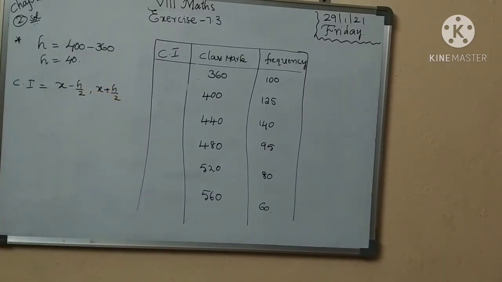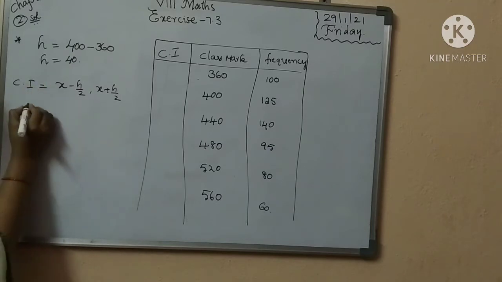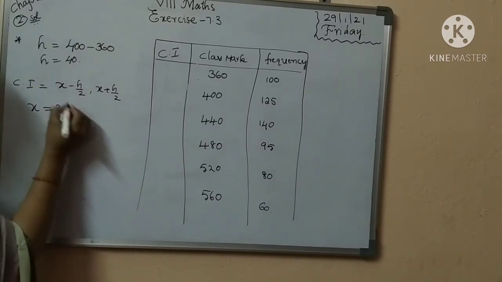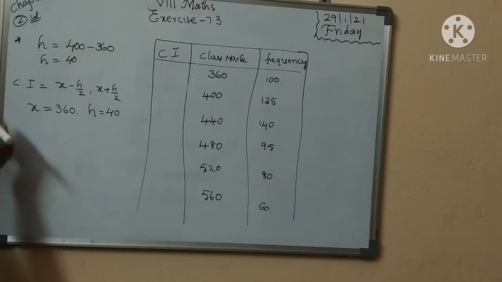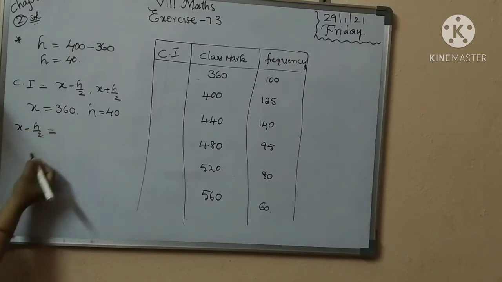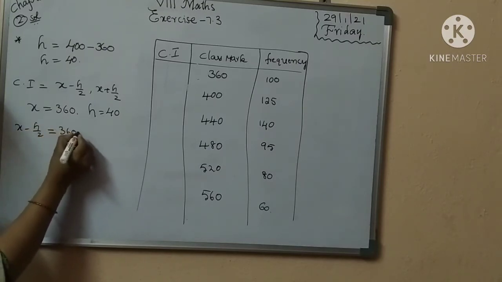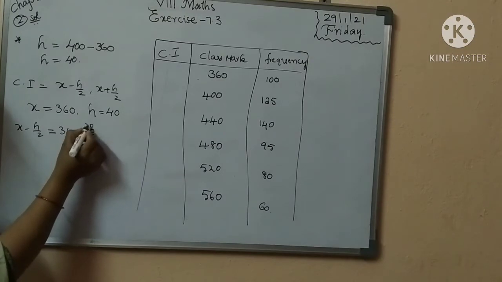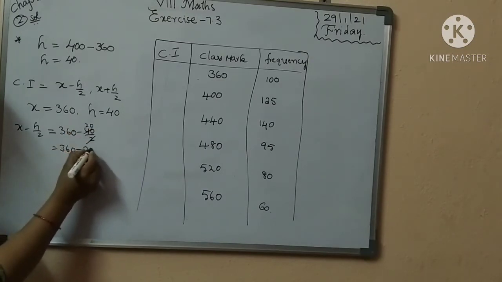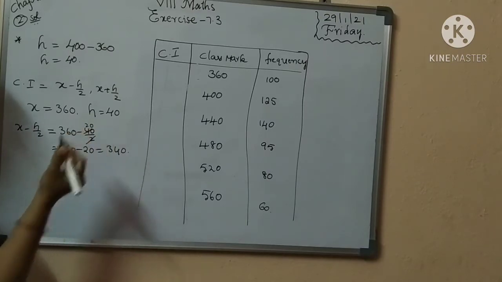Here x is the first class mark, 360, and h is 40. So x minus h by 2 is 360 minus 40 by 2, which is 360 minus 20, equal to 340.